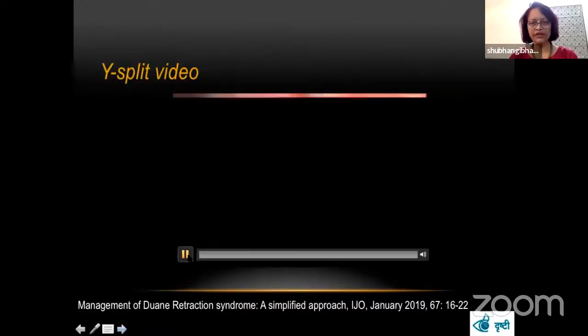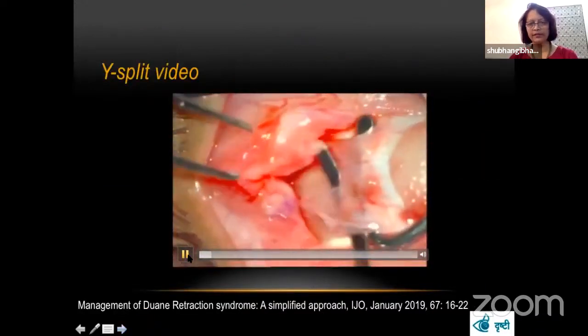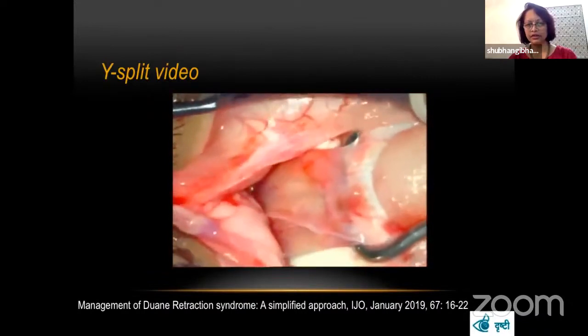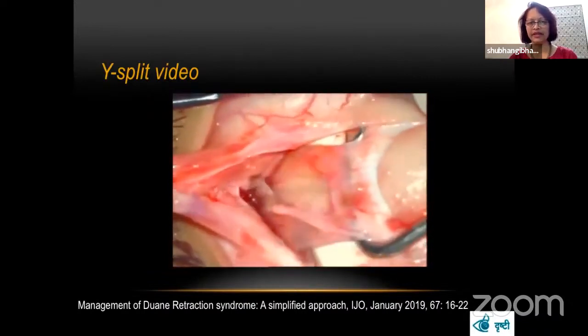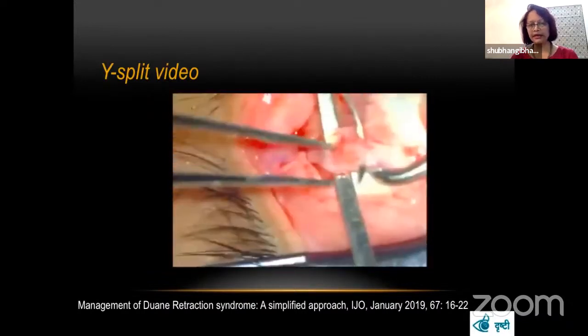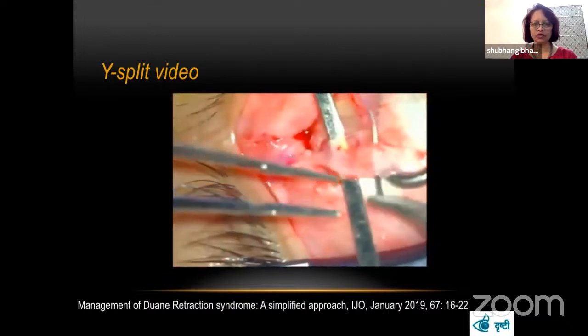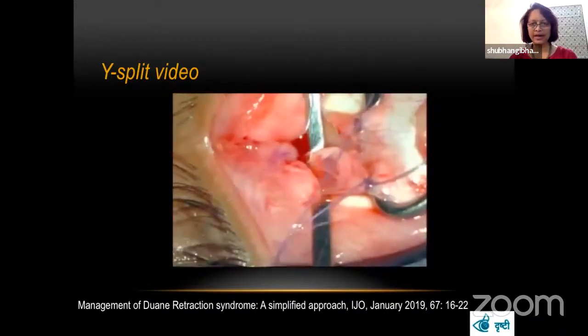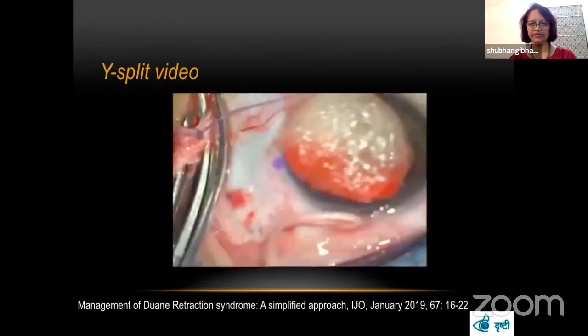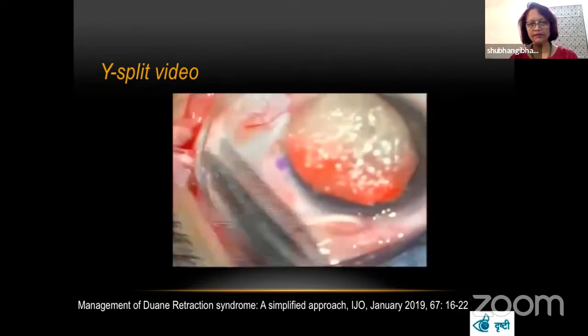This is a small video of Y split. The lateral rectus is hooked. It is difficult sometimes to operate these muscles. In Y split, we are splitting the muscle with the Aios and repositor.